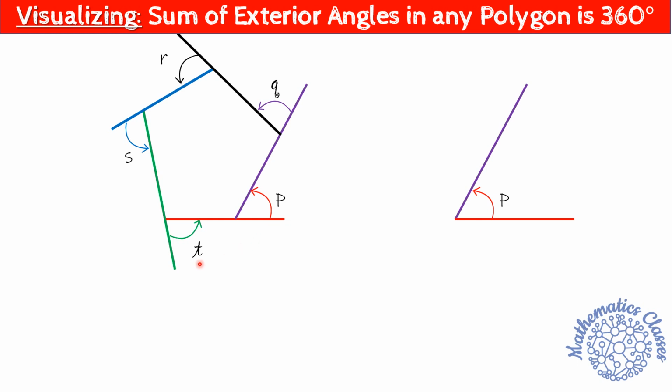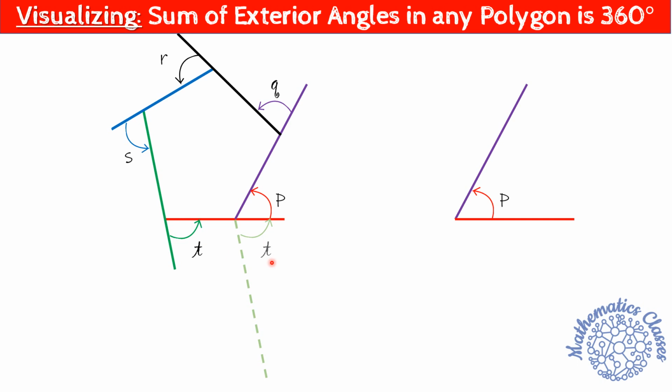Now for the angle T, we will draw it adjacent to angle P. To do so, you can make one parallel line here. So this angle over here would be a corresponding angle. We know that if a transversal line crosses two parallel lines, then the angles at the intersection on the same side are known as corresponding angles and they would be equal to each other.